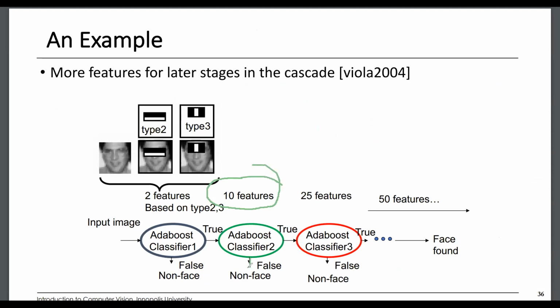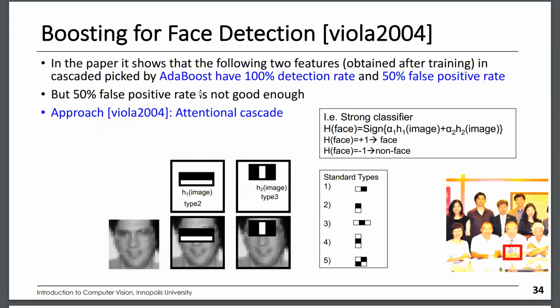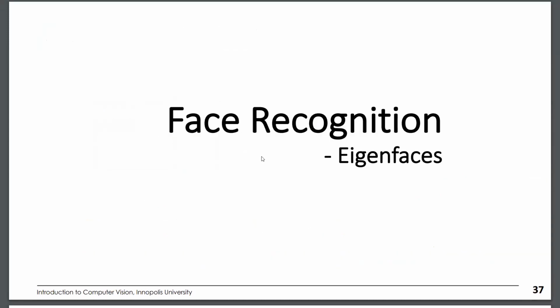Again, we trust it if it says it's false, but we don't trust it if it says it's true, and we repeat this process again and again until we reach the maximum number of features that we can use. If they all agree that it's a face, then we say a face is found. And this drastically reduced the false positive rate.